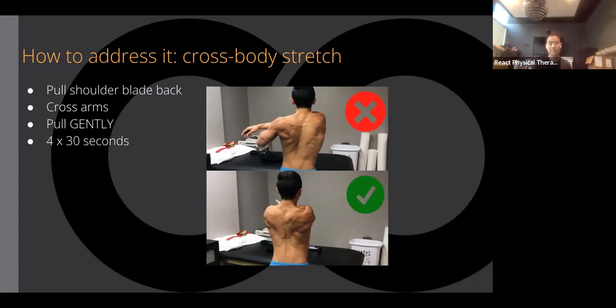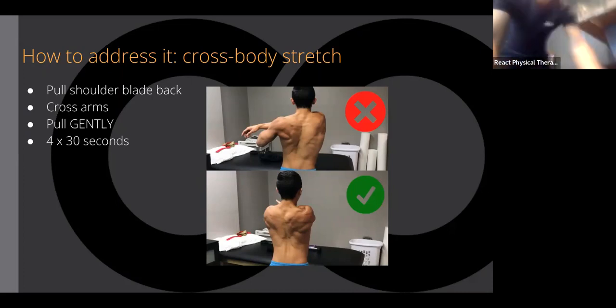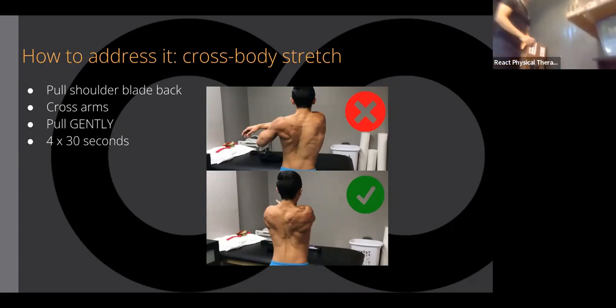Pull gently. Okay. If you're not able to get that stretch feeling the way, right, I don't want it to be full of pain or pinching or things like that, you can take a lacrosse ball. You can take a lacrosse ball, go against a wall, and place it in the back there, right?